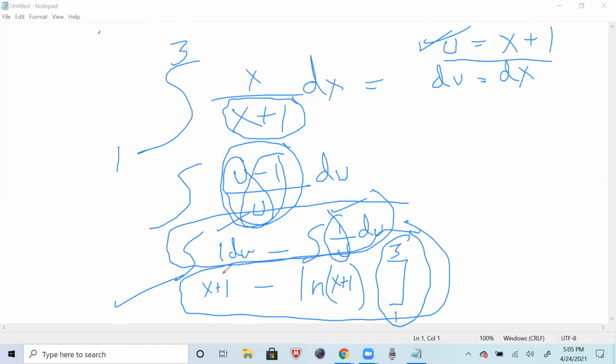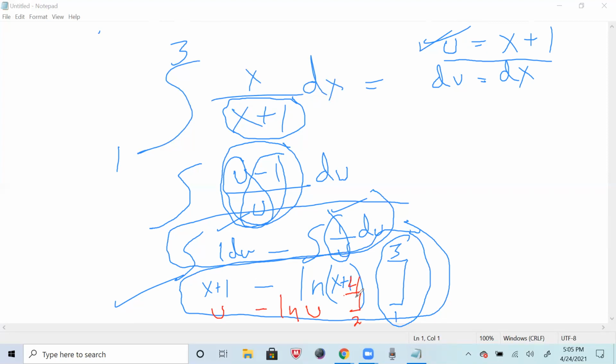The alternative would be quite simple. It would just be u minus the natural log of u evaluated from 2 to 4. Going to give you the same answer. Okay. That's cool.